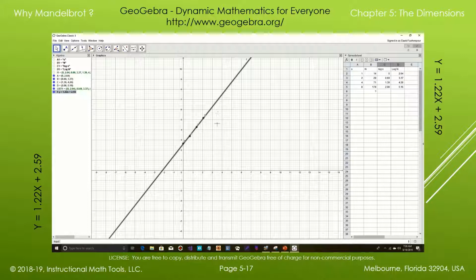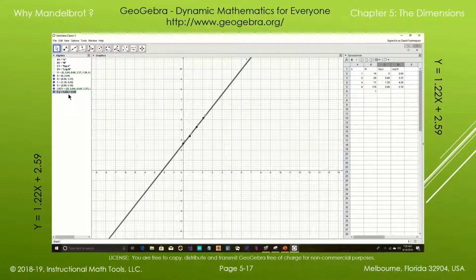Now all we've got to do is find the slope of that line. We come over here and make an equation out of it with a y. So here we have the equation y is equal to 1.22x plus 2.59.